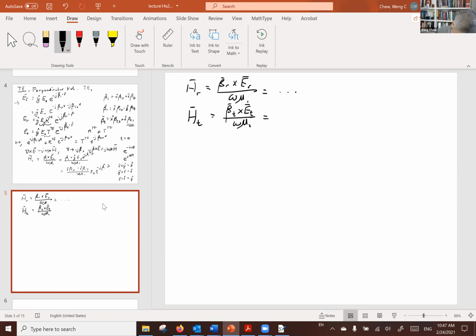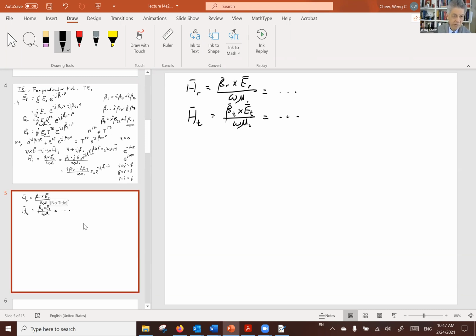Okay. So we have this additional magnetic field, and we will have to match the second boundary condition. The second boundary condition naturally follows from Ampere's law, which says that the tangential H field has to be continuous. The first boundary condition we had followed from Faraday's law.